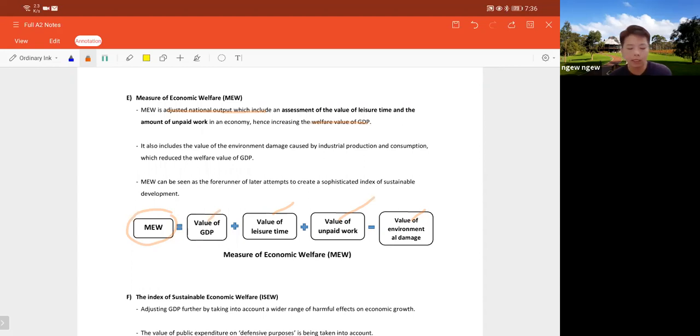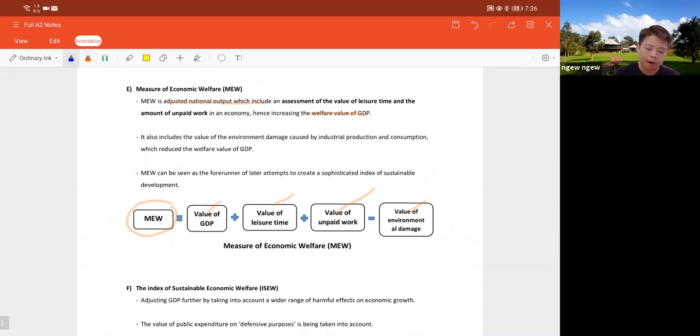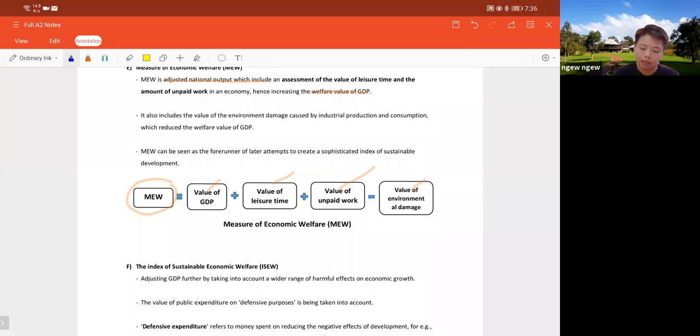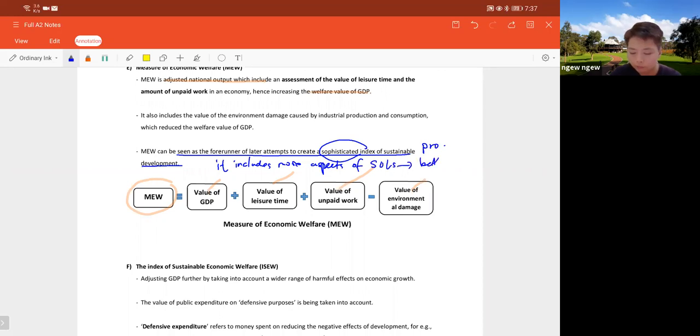So by using this measure of economic welfare, it is creating a more sophisticated index and sustainable development. This is the pro, and also it includes more aspects of standard of living, so giving a better picture to other people.